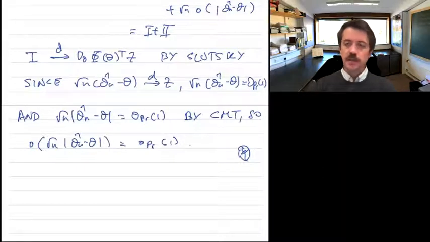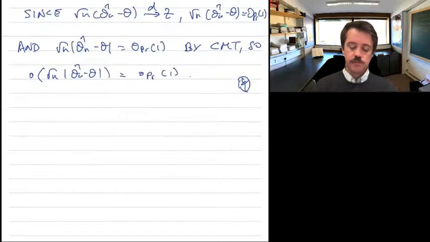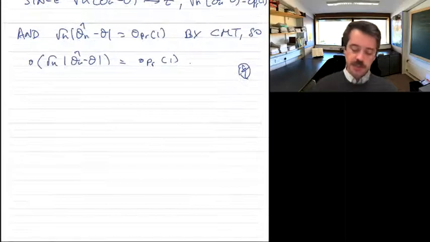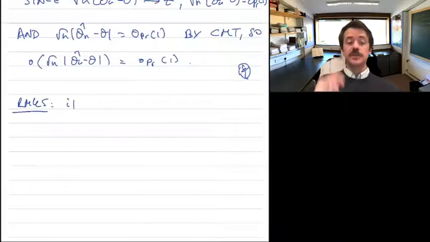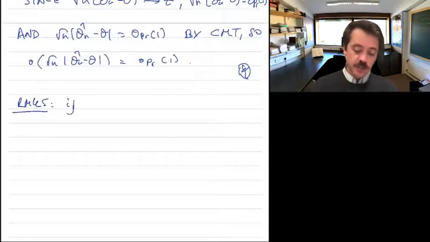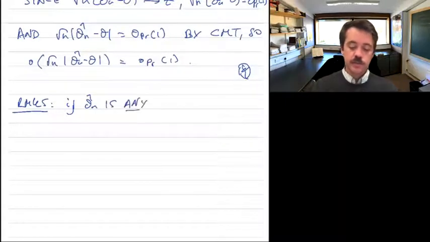Okay, so let me make a couple of remarks. The first one is something I was saying in words, and is that this theta n hat is any such estimator, as in the statement.